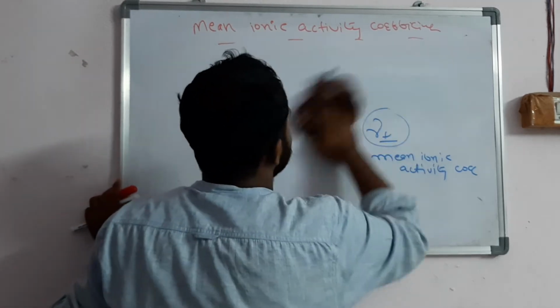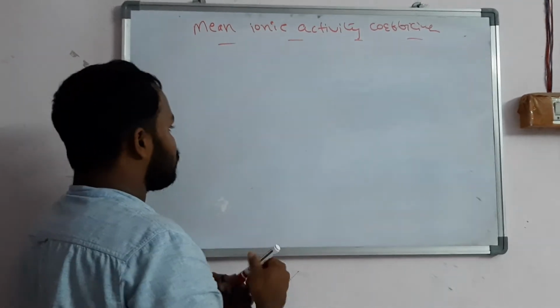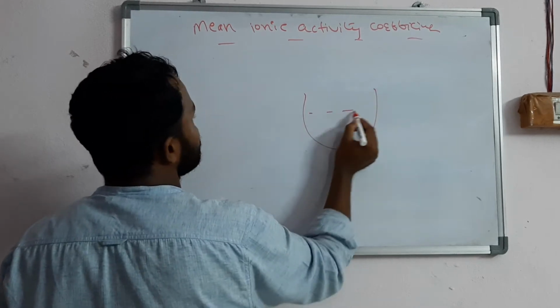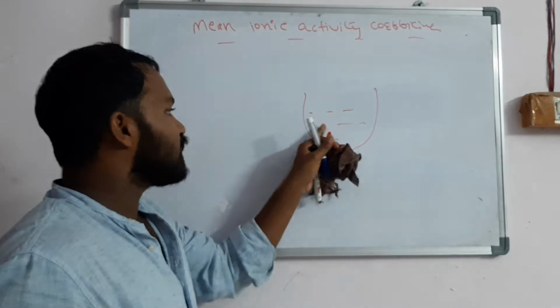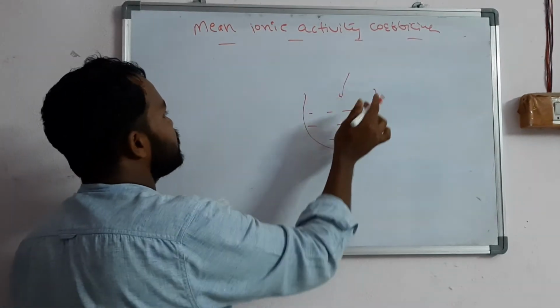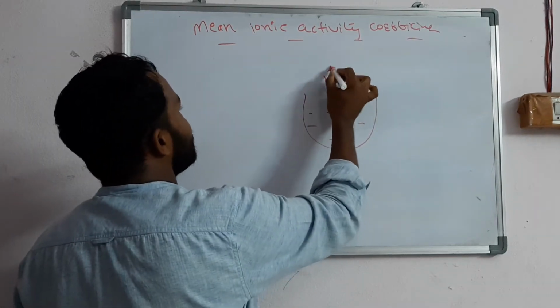In this point you should write, if you take a solution, it is generally not possible for it to have only one kind of ions. For example, KCl contains K+ and Cl-.